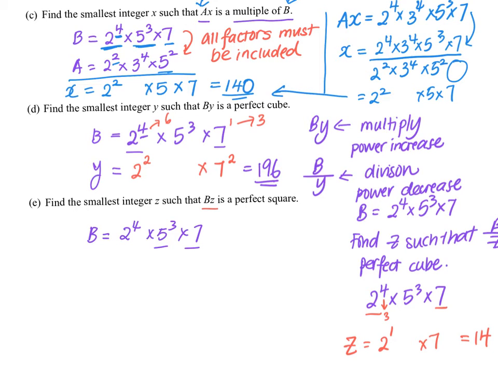So I need to increase the power, to power 4 and to power 2. So I need Z to be 5 times 7, which is 35. Answer.